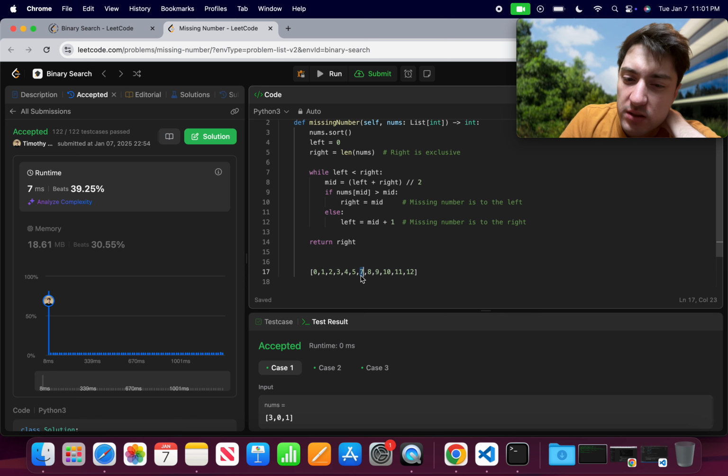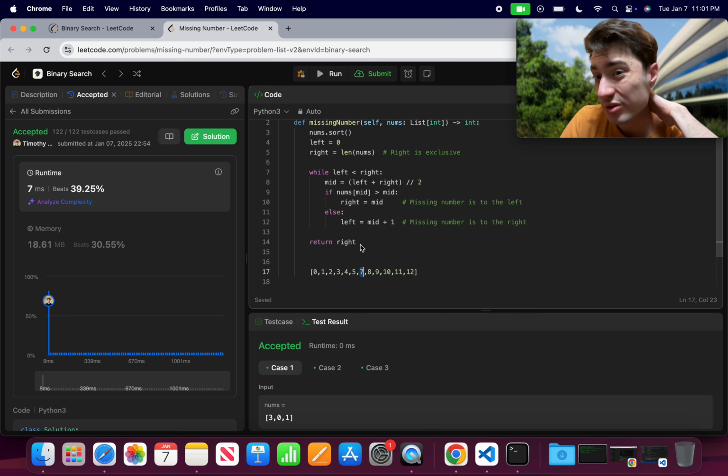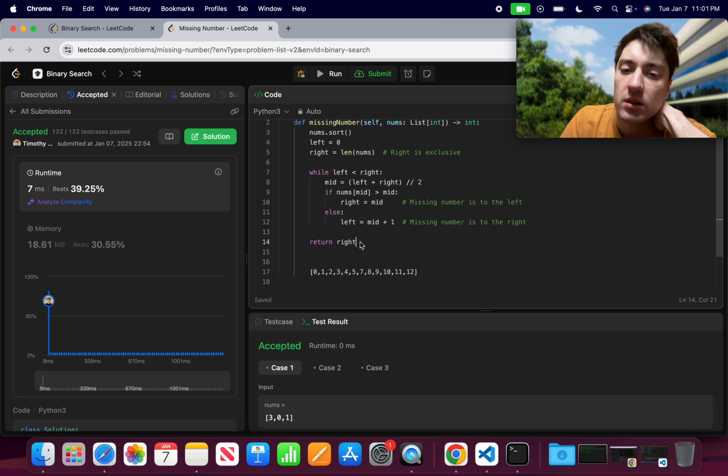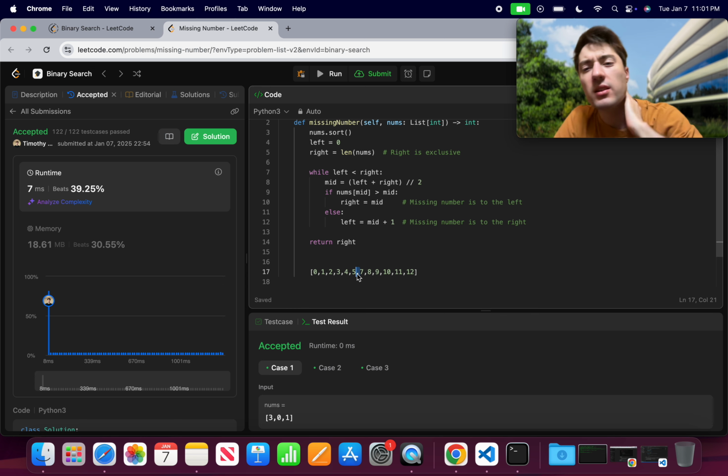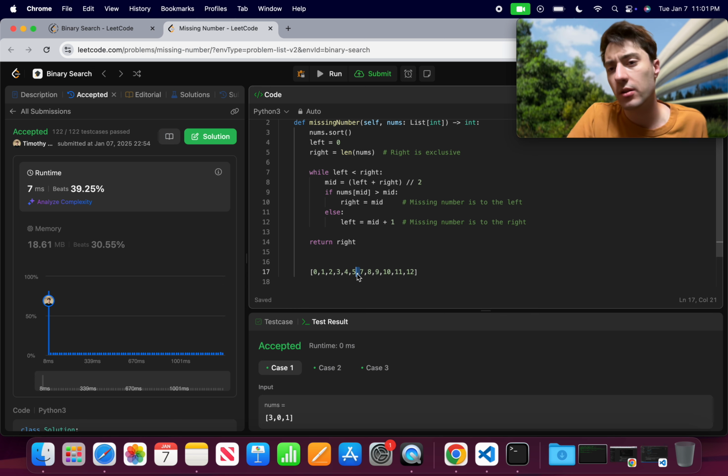So that's what, 6? It's equal to 6. Well, that's actually the number we do want to return, because 6 is the missing, right? I mean, there just seems like a coincidence that it corresponds to the actual number.